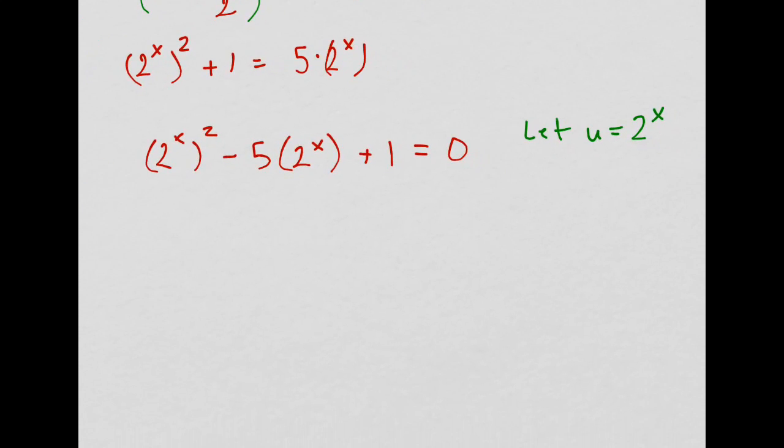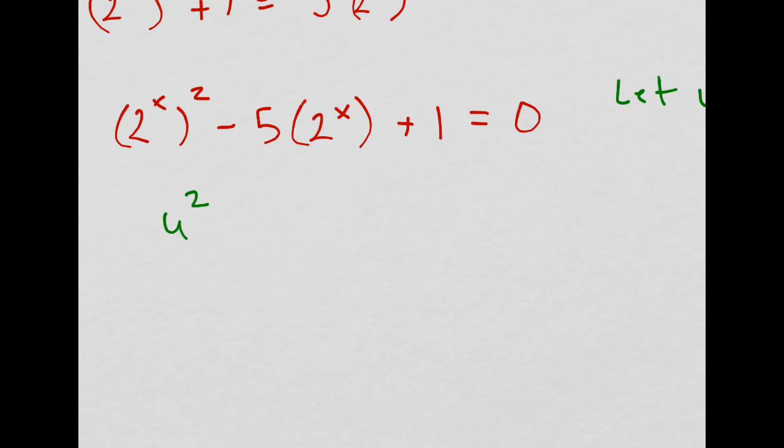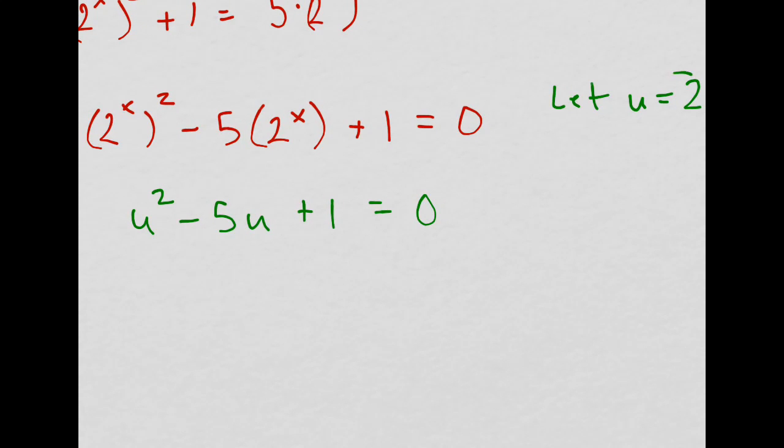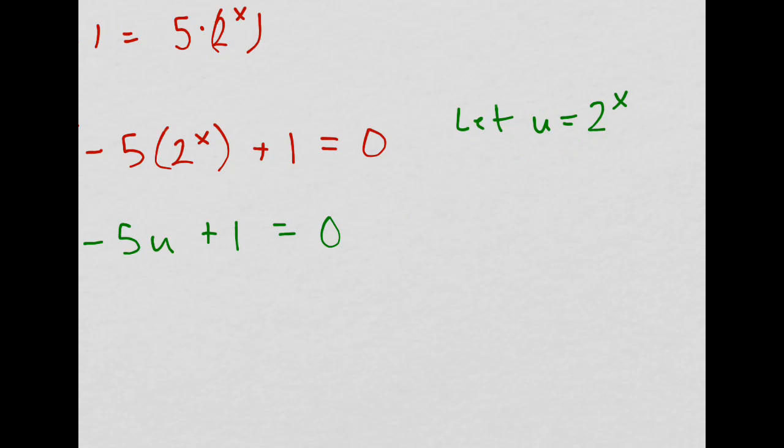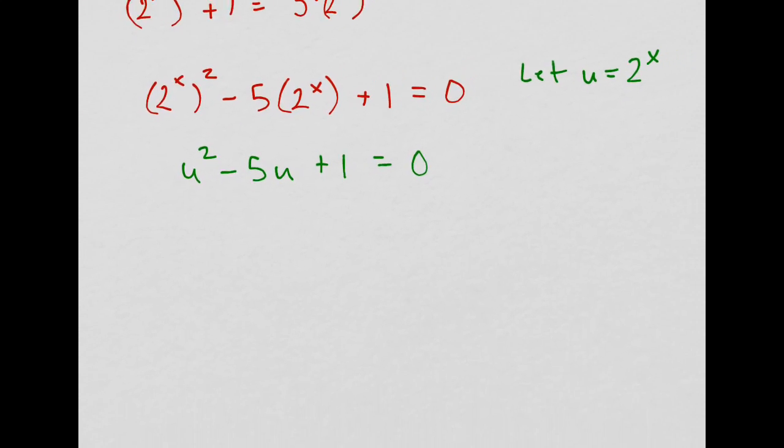We're using substitution here. And then I just have u squared minus 5u plus 1 equals 0. Now it's just a quadratic. I can solve this quadratic for u, and then once I have u, I can plug it back into this equation and get x. So let's see what that looks like.